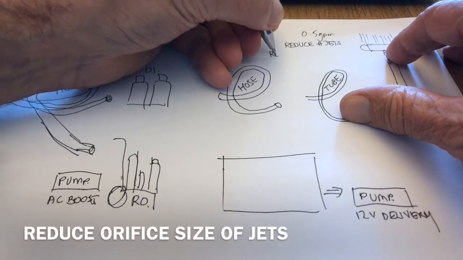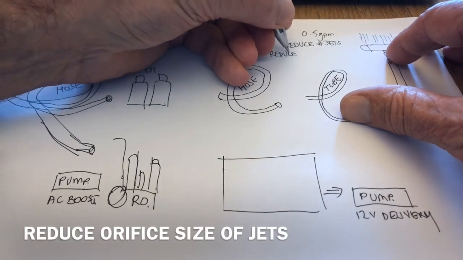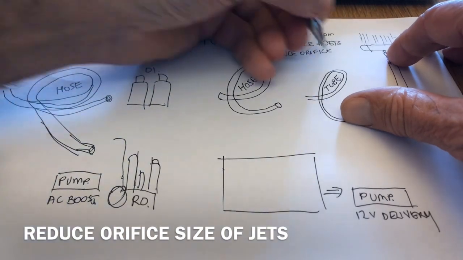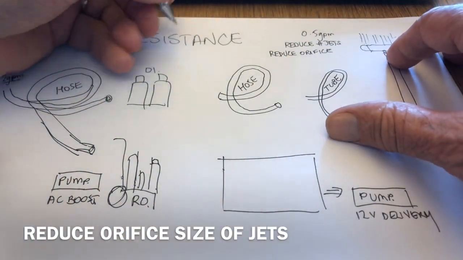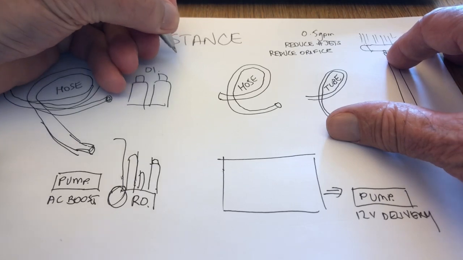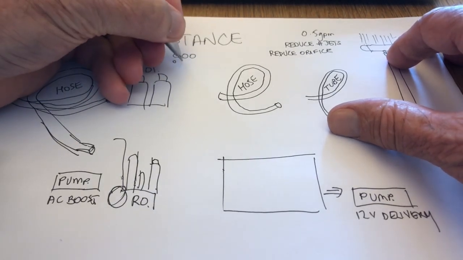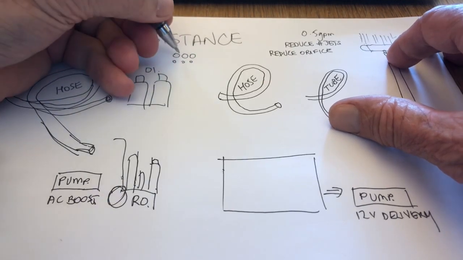The other thing we could do is have the same number of jets, but reduce the orifice of the jets. So if you think about it, if we have 3 jets that are this size, and we reduce them to 3 jets that are that size, the flow rate will be a constant through those jets.